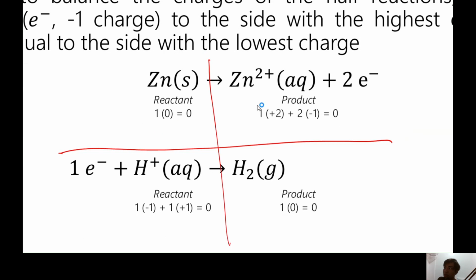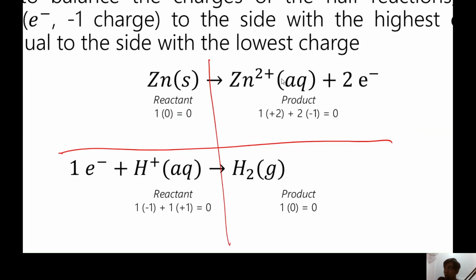So, we will make this positive 2 charge into 0. How? By subtracting 2 from the charge. We can subtract 2 from the charge by introducing electrons, because again, electrons are -1 in charge. So, that's 2 times -1, which is -2. As we add 2 electrons here, what happens?